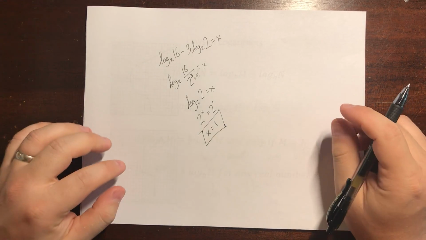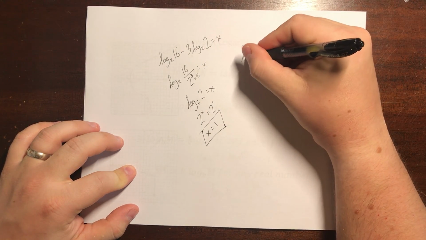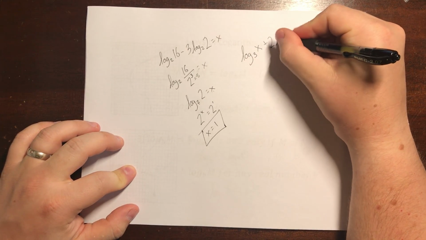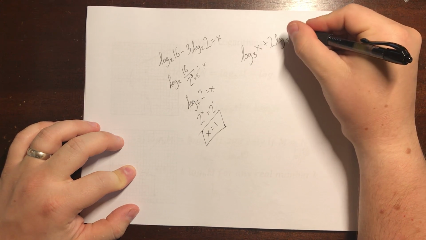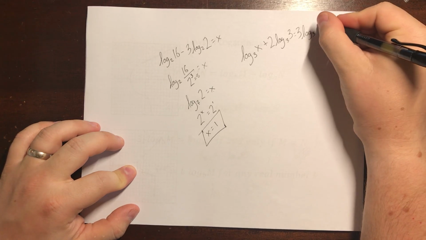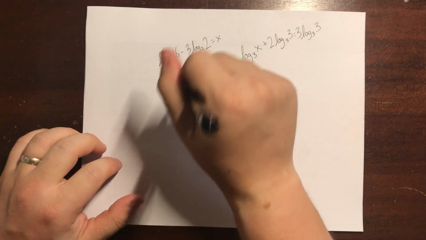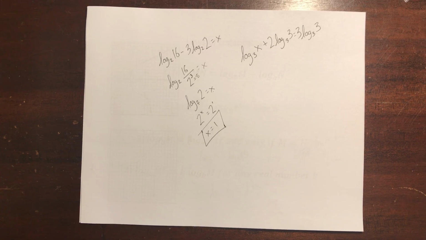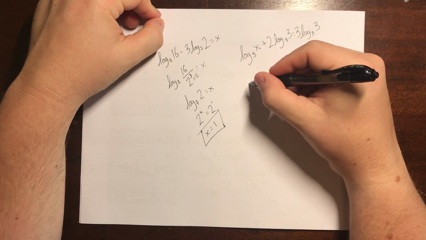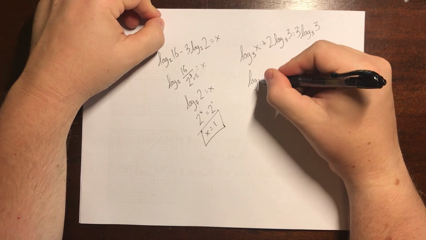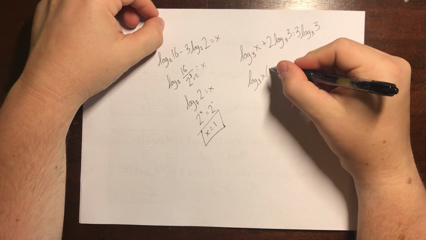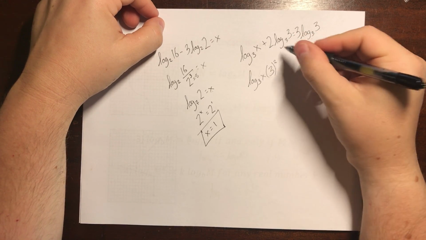One last example. We'll say log base 3 of x plus 2 log base 3 of 3 equals 3 log base 3 of 3. Sorry, it's kind of slanted. It's hard to write straight across. But let's see. So these are being added, so we know these are multiplied. So this becomes log base 3 of x times 3 squared.